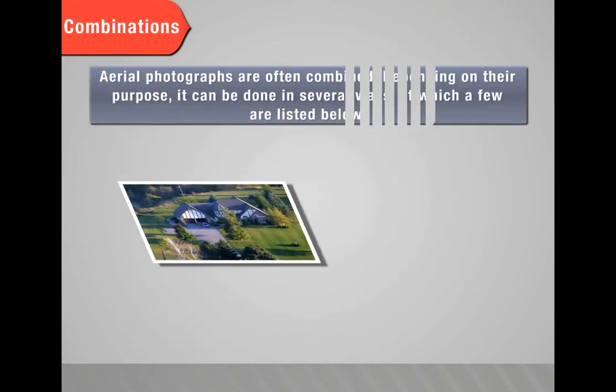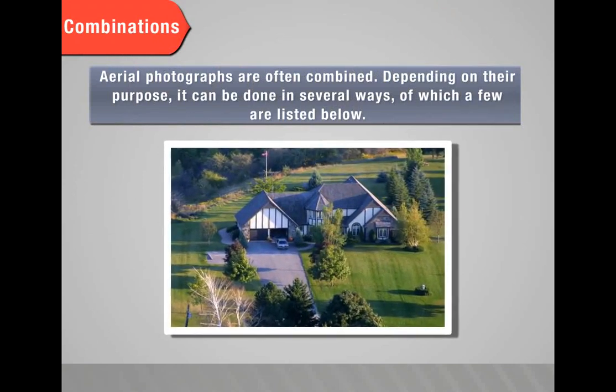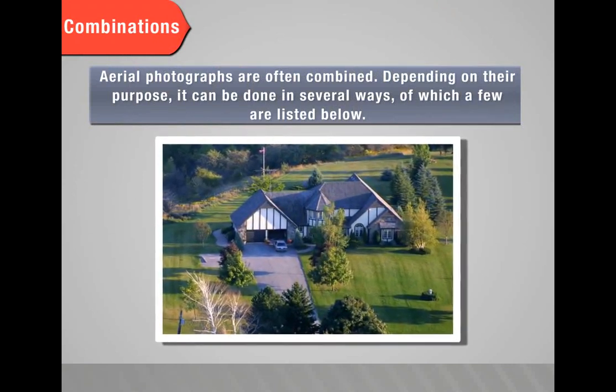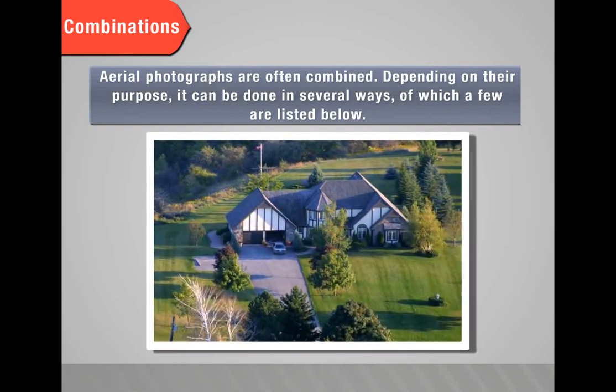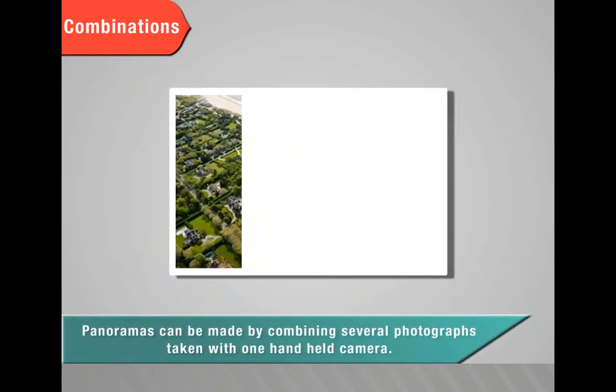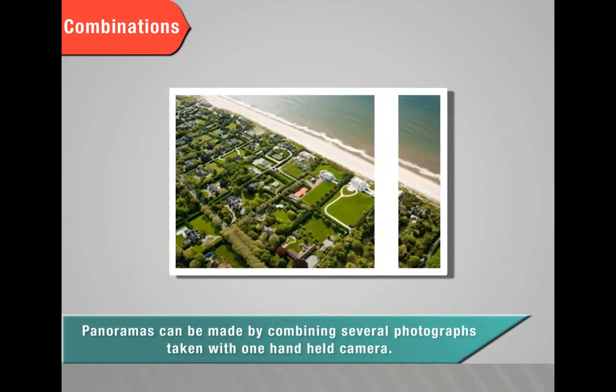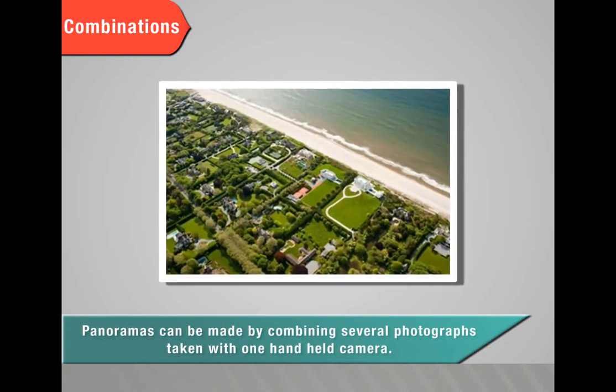Combinations. Aerial photographs are often combined. Depending on their purpose, it can be done in several ways, of which a few are listed below. Panoramas can be made by combining several photographs taken with one handheld camera.